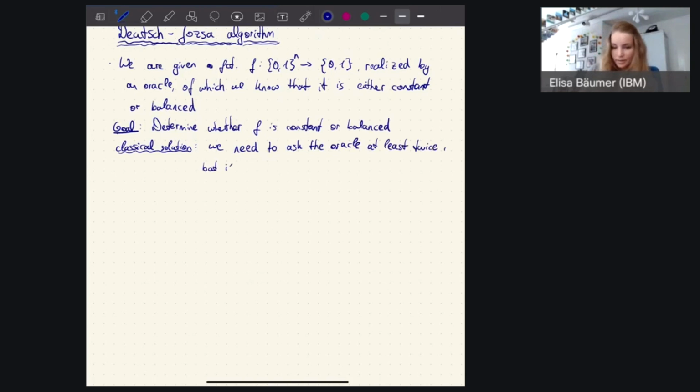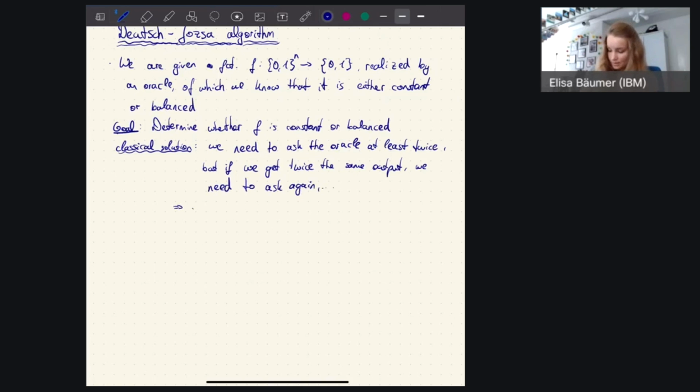However, if we get twice the same output, then we would need to ask again, because then of course we still don't know whether it's constant or not. It could have happened that we just happen to get twice the same output, and it could actually also happen that we get 5 times the same output, even though it is actually balanced.